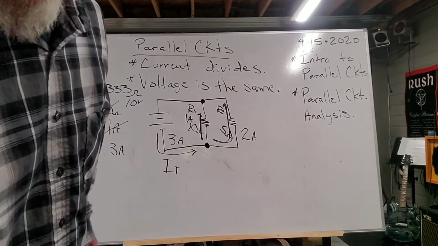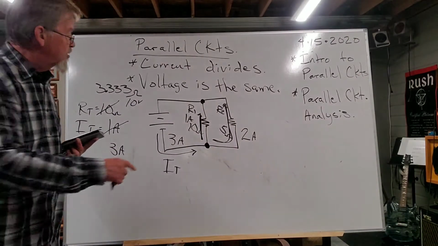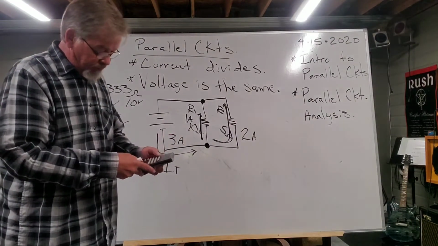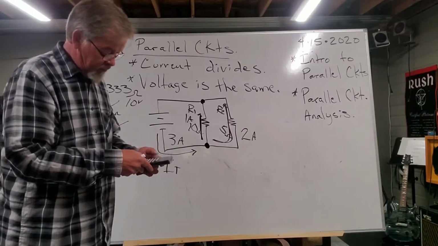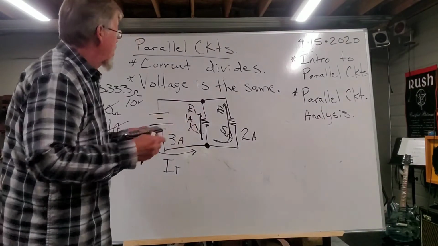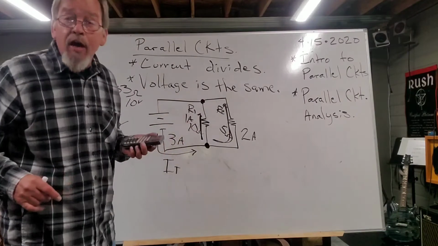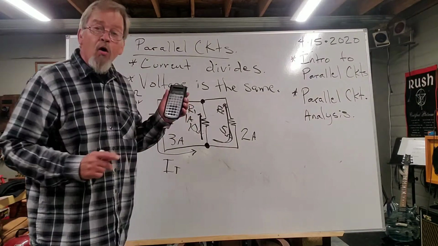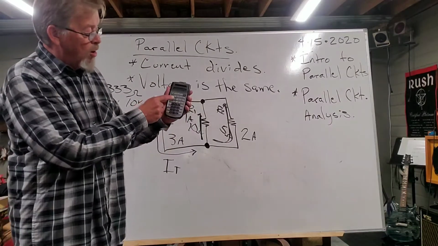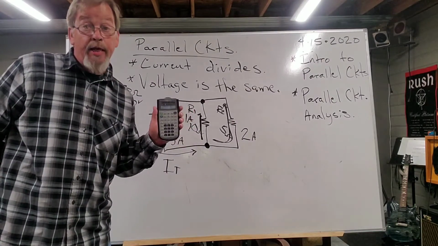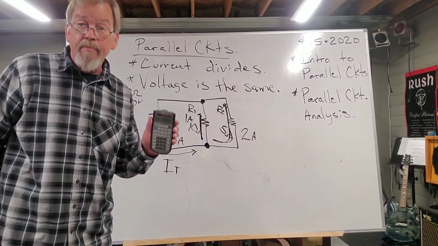And so if I want to find the conductance of these resistors, let's see. All right, so I'm going to take the 10 ohms, that's the first resistor. I'm going to enter in 10 ohms, and I'm just going to hit the 1 over X key. And that tells me that I have 100, and it's to the negative third, which is milli.